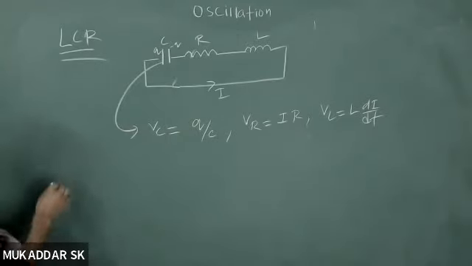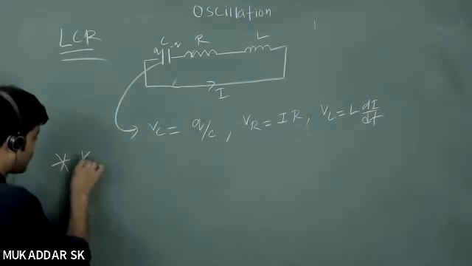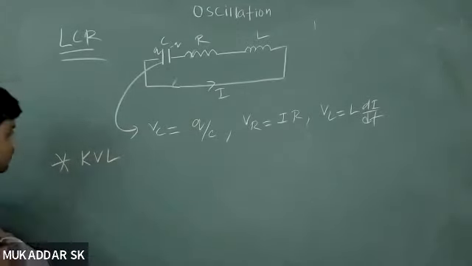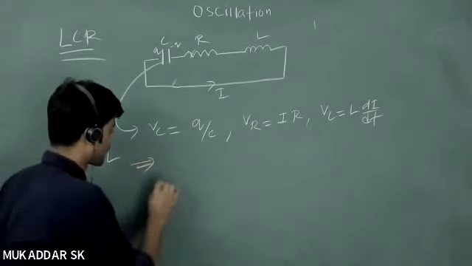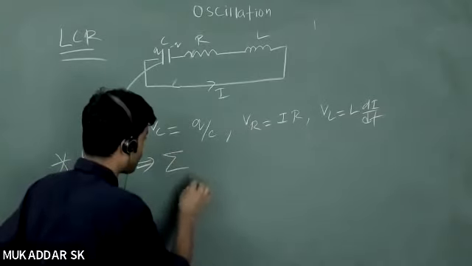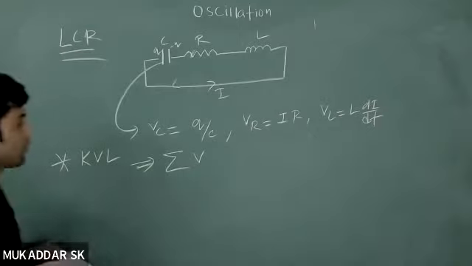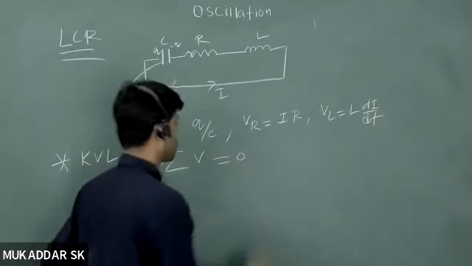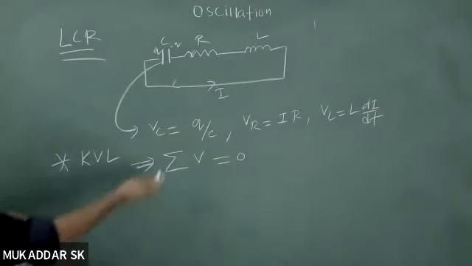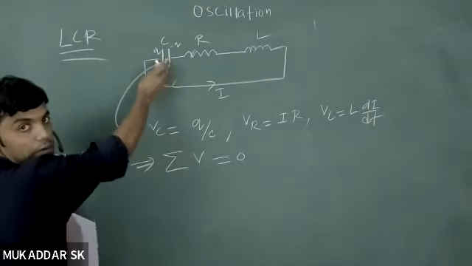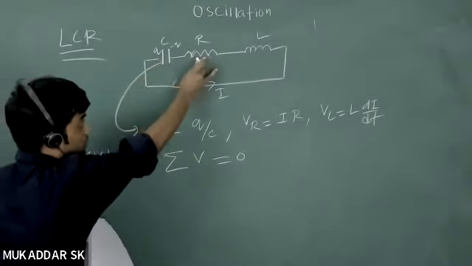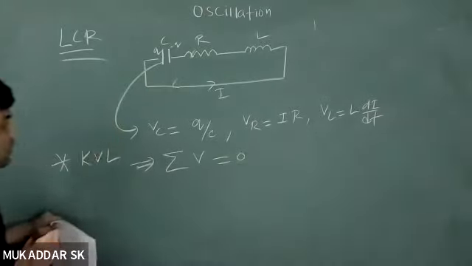Now if you apply Kirchhoff voltage law, KVL theorem, according to Kirchhoff voltage law, the sum of the potential drops in a closed loop should be equal to how much? 0. And the sum of the potential drops means potential drop across the capacitor, across the resistance, across the inductor.